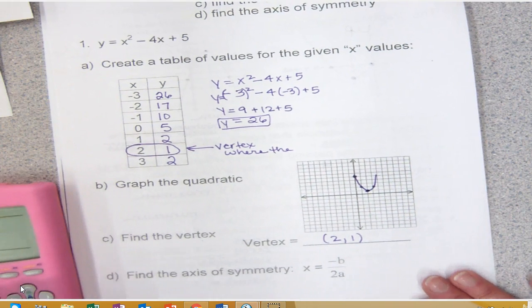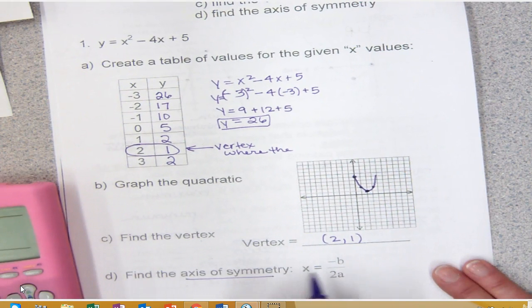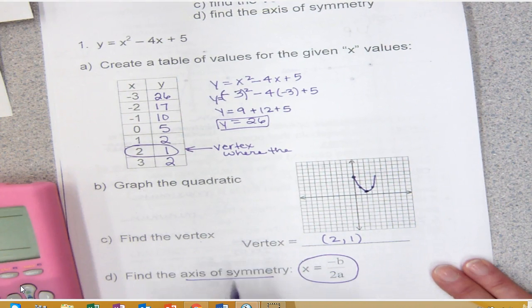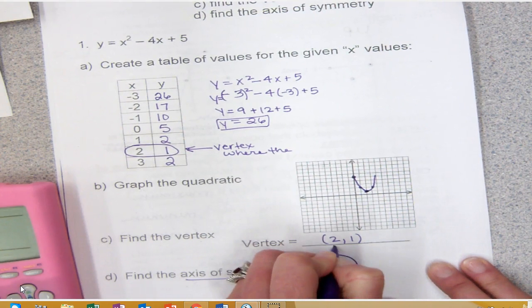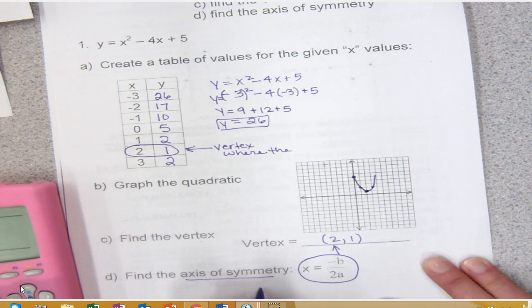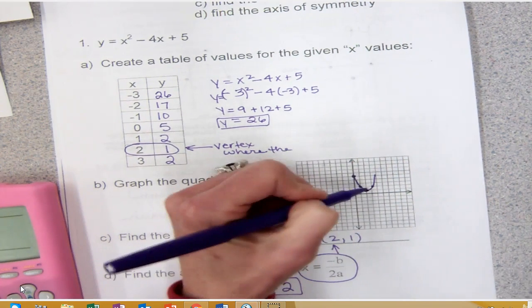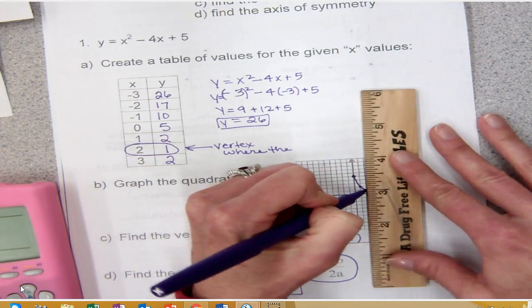And scroll down and make sure that these are all going back up to positive numbers. Okay? And they do. So the axis of symmetry, here is your formula for the axis of symmetry. But really, if you look at your vertex, the axis of symmetry is going to be x equals the x value of your vertex. It's going to be the line that goes right through your vertex.